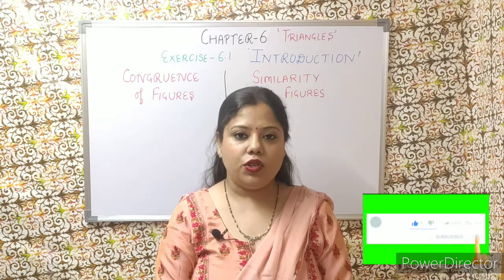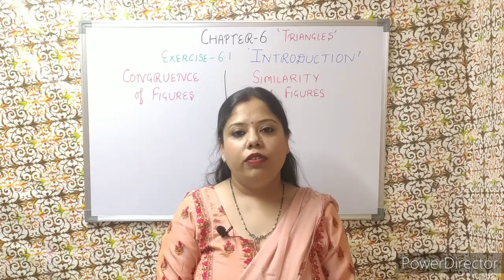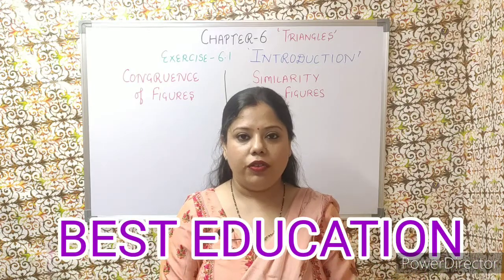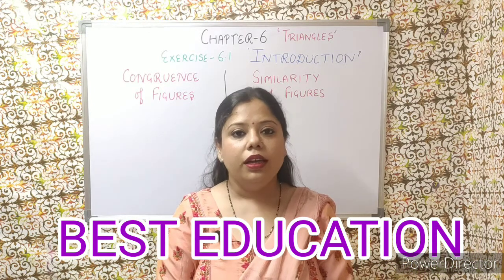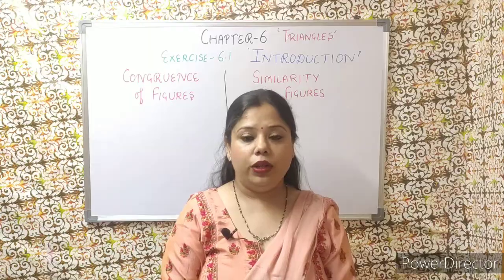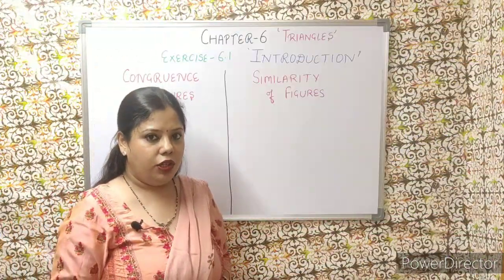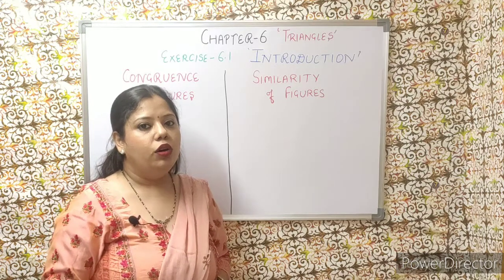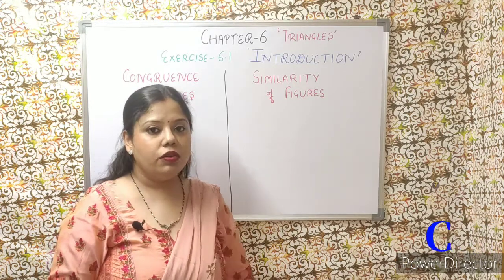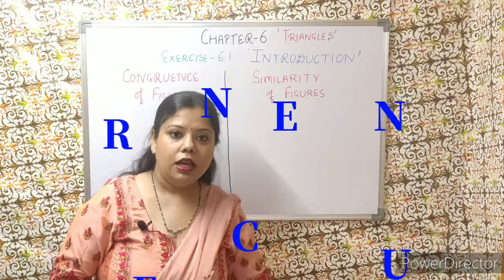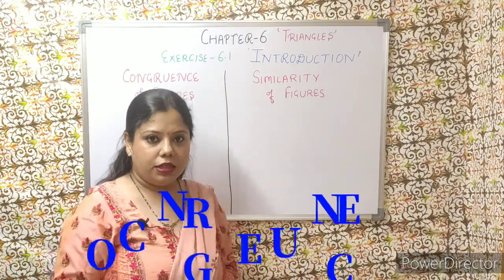Today from the 6th chapter Triangles, we will be doing the introduction of exercise 6.1. That is, we will be dealing with the concepts of congruence of figures and similarity of figures. As you all know, we have studied congruence of figures in our earlier classes. What does congruency mean?